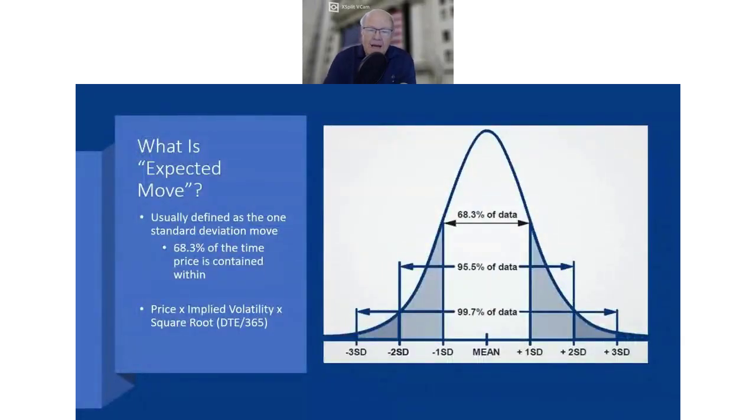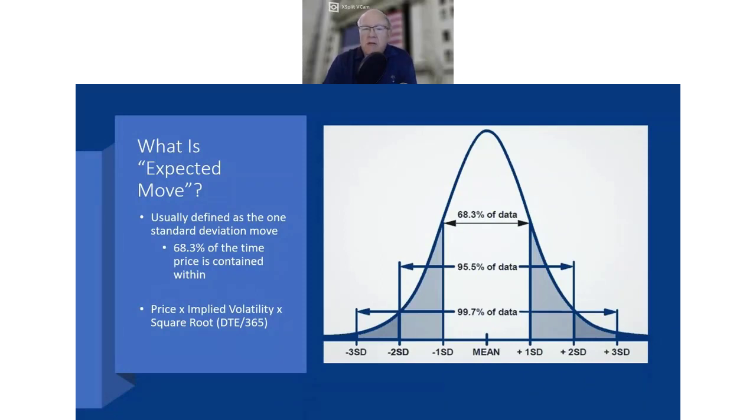Now, the key to everything we do, everything I do, is expected move. And if you're familiar with the standard deviation or normal distribution, what you see in the graph there is a normal distribution chart. And if you notice in the middle where it's 68.3% of data, that's a one standard deviation move.